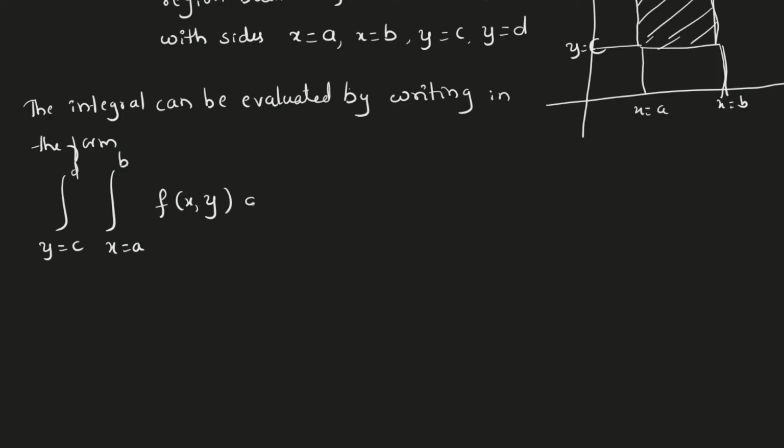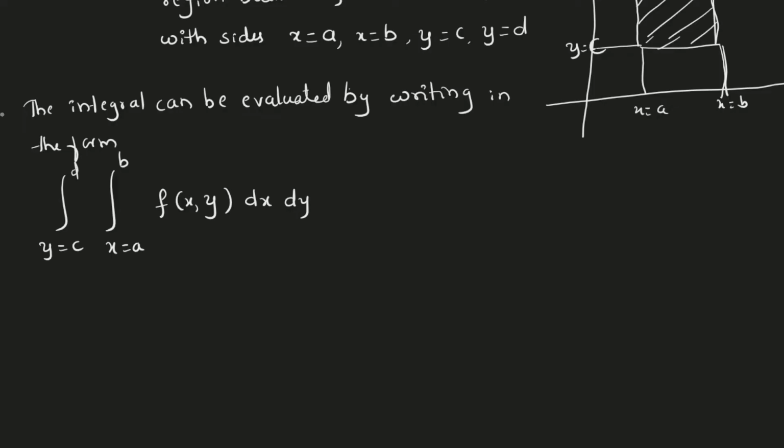Now here it changes: there you wrote dy dx, here it is dx dy. And whenever you simplify both, the value will be the same. We can say that when the limits are constant, the integral can be evaluated in either way. Whenever you have constant limits, you can evaluate in any way that is convenient. The answer will be the same.